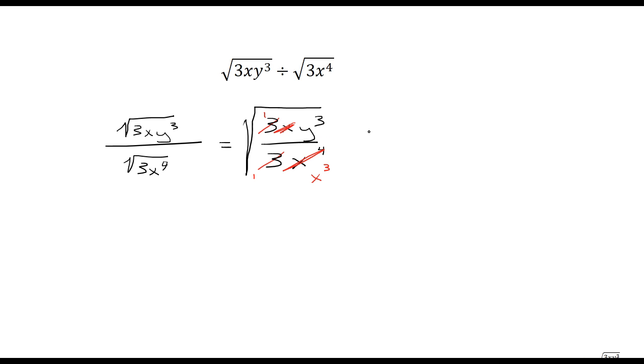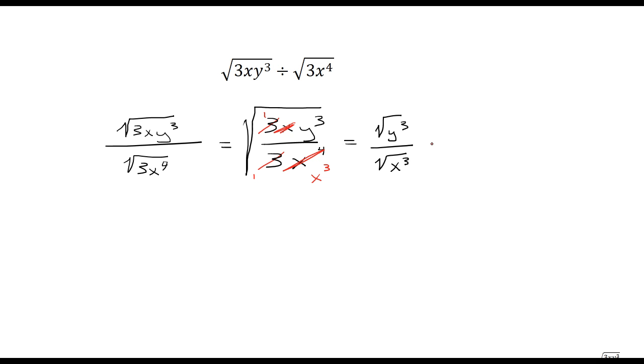So let's write down what we have left. We have the square root of y cubed over the square root of x cubed. Now the x cubed needs to be rationalized, and the square root of y cubed needs to be simplified. So let's take care of the denominator first.